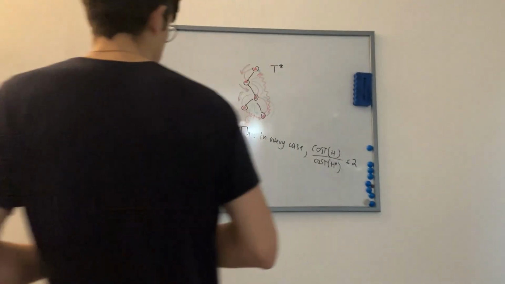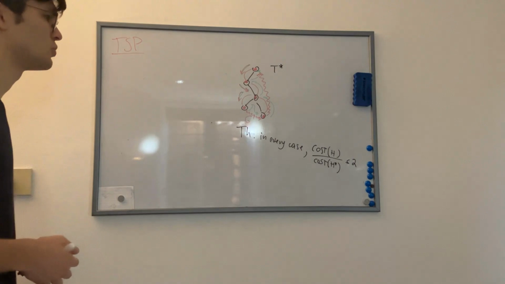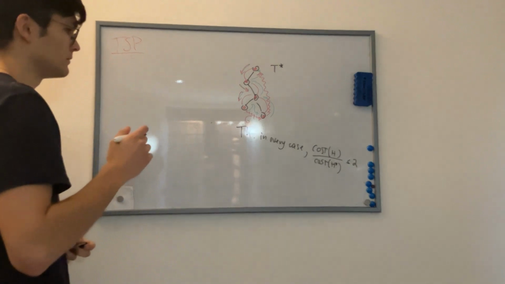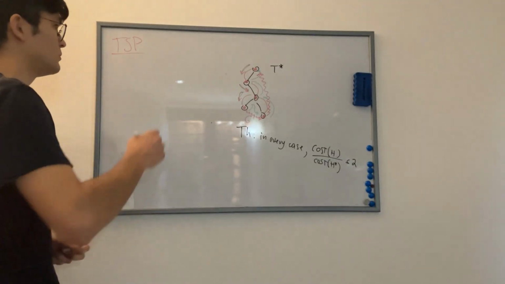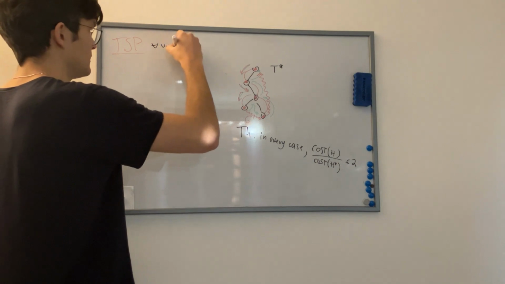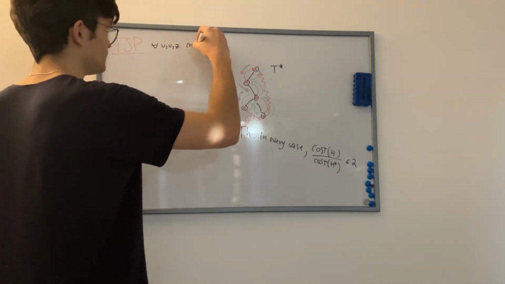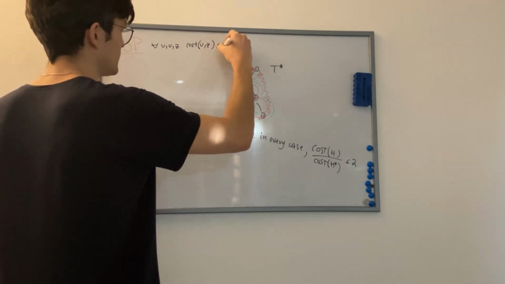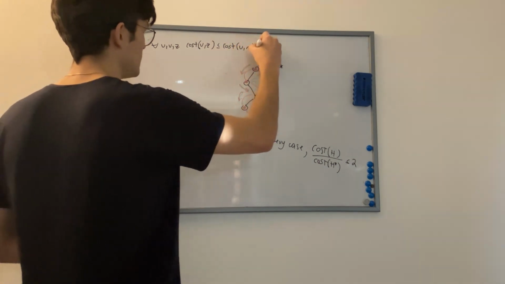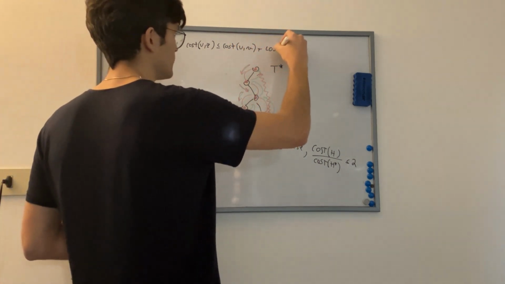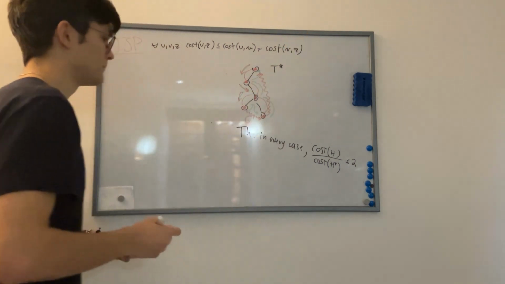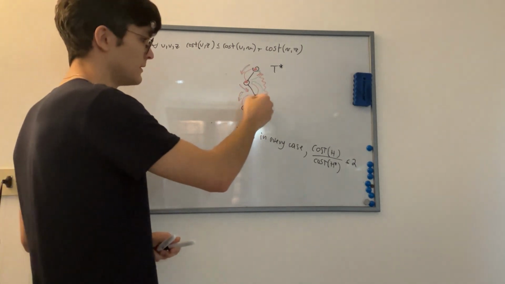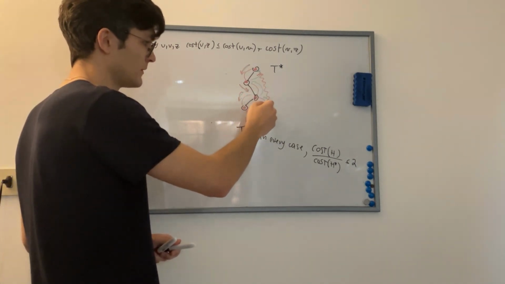Okay, so let's prove this. Remember that in our input we assume that for each u, v, z, the cost of going from u to z is always less than or equal to the cost of going from u to v plus the cost of going from v to z. And this is exactly what we did when we took the shortcut. Instead of doing this thing, we did this thing.